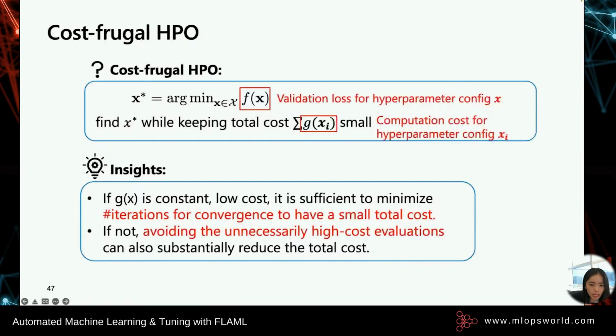In this problem, if the costs for different configurations are all the same, then it is sufficient to just minimize the number of iterations for convergence to have a small total cost. But if cost-related hyperparameters exist, we can actually further reduce the cost by trying to avoid the unnecessarily high cost evaluations.